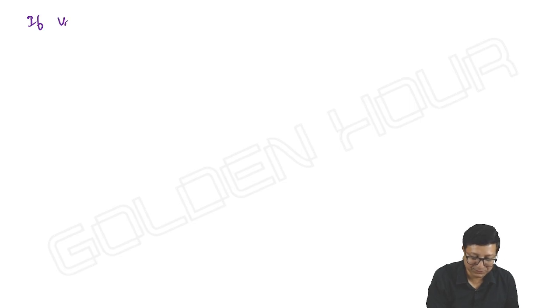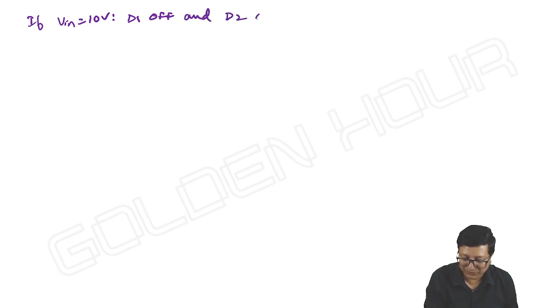Then if V input is equal to plus 10 volts, then what happens? D1 is off and D2 is on.